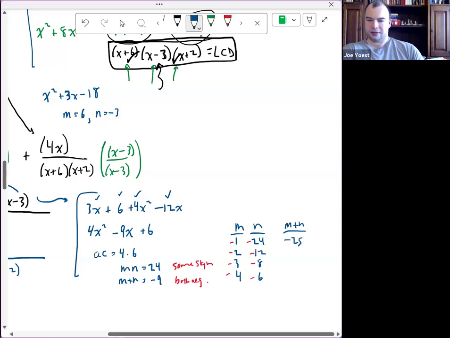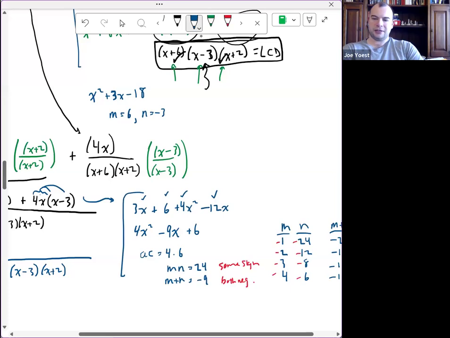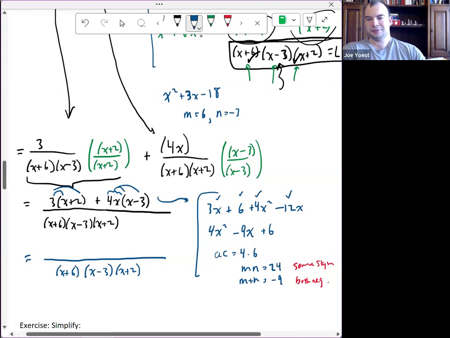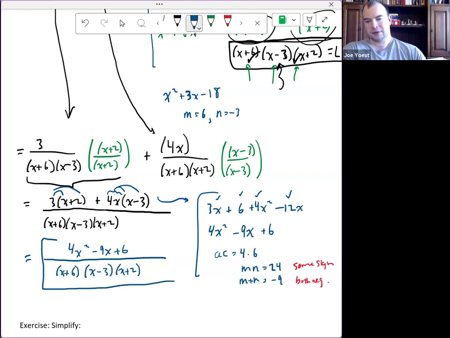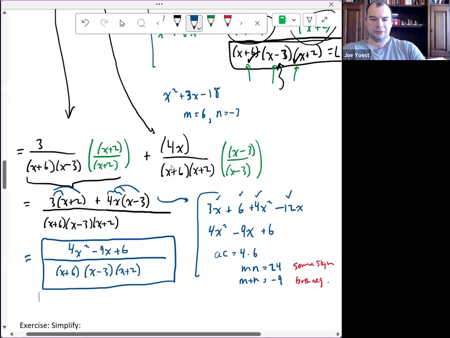Negative 25, that's not negative 9, negative 14, negative 11, and negative 10. So this does not factor over the integers. So it turns into 4x squared minus 9x plus 6. That numerator doesn't factor into the integers, so it's not going to have a factor of x plus 6 or x minus 3, x plus 2. So that is the best we can do.